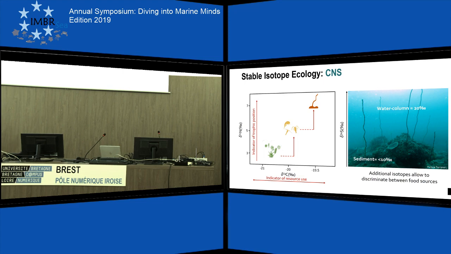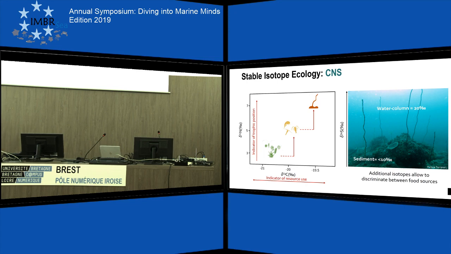Then accounting for this slight enrichment, the next one, a primary consumer like zooplankton, will have a delta 15N value of 5 per mil. And finally, a secondary consumer like a coral will be around 7 per mil. So each of these steps represents one trophic level.